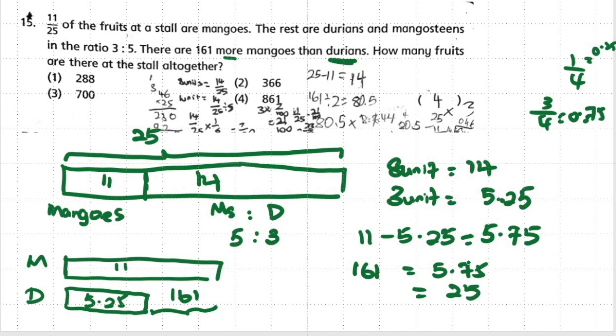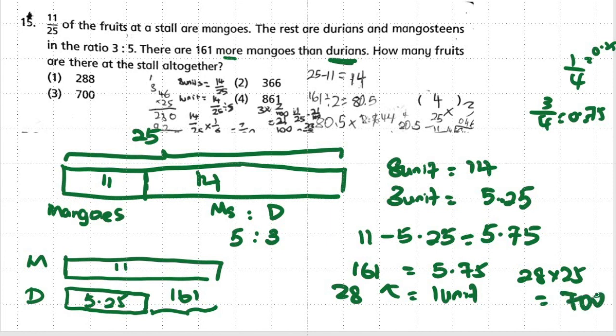When you do your math, right? Or you can first find 1 unit equals to how many? 1 unit here will be equal to this divided by this, it actually equals 28. Okay, so the total is actually 28 times 25 will give you a value of 700.